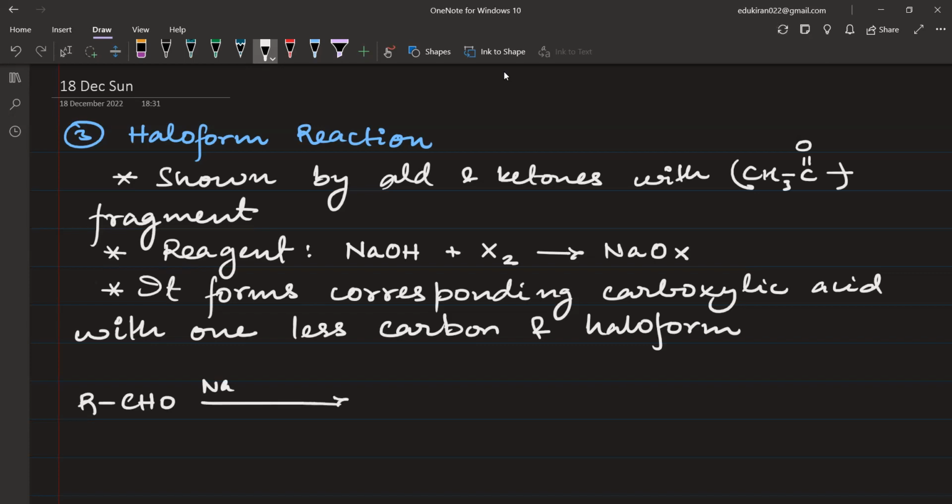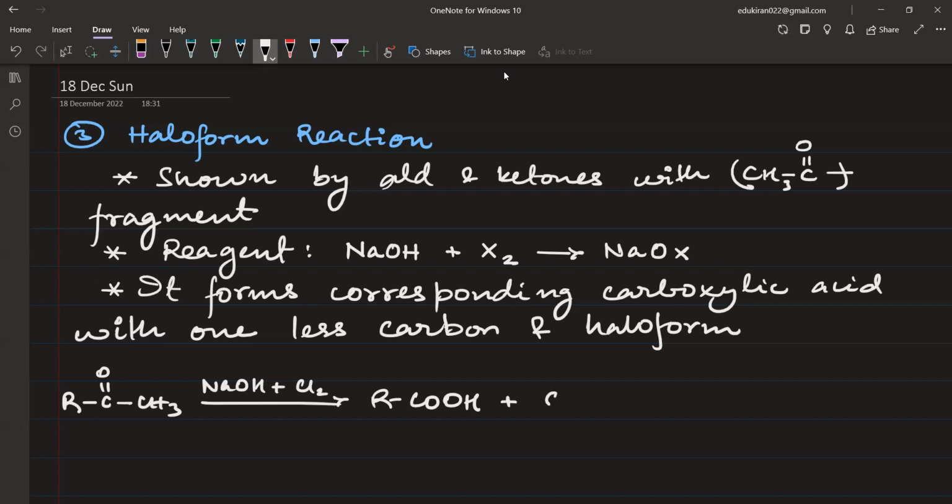In brackets, if you have NaOH plus Cl2, then you will get, not RCHO, if you have something like this, C double bond O CH3. This fragment is important. C double bond O CH3 should be there, and you will get RCOOH. So this CH3 is not here.